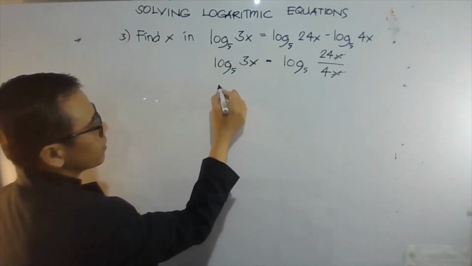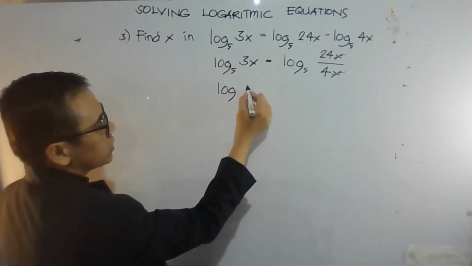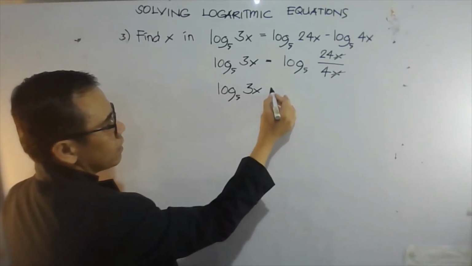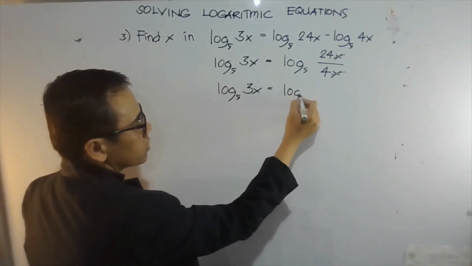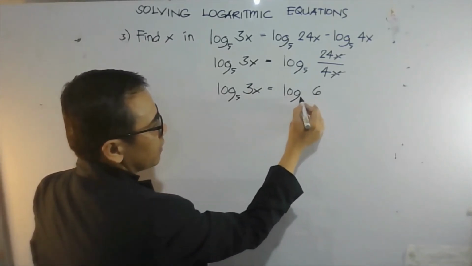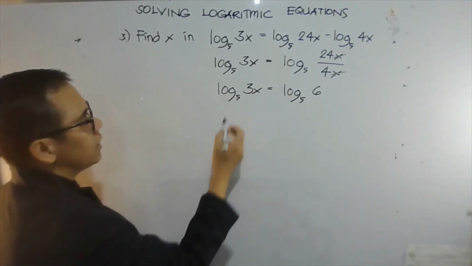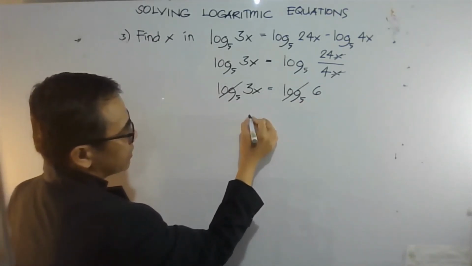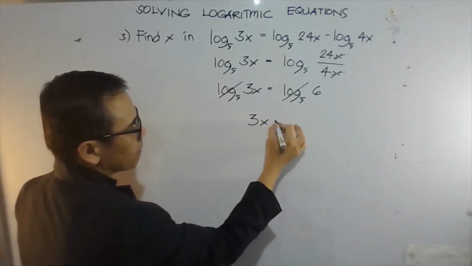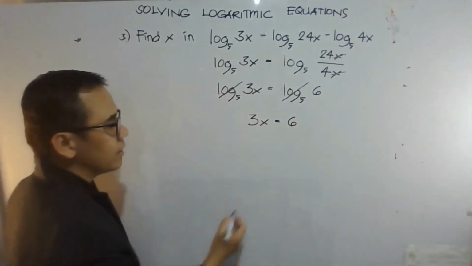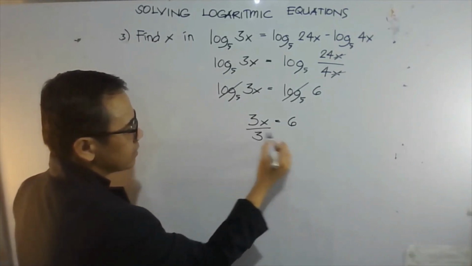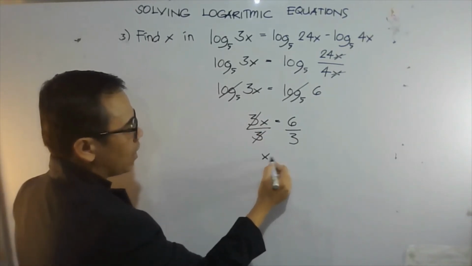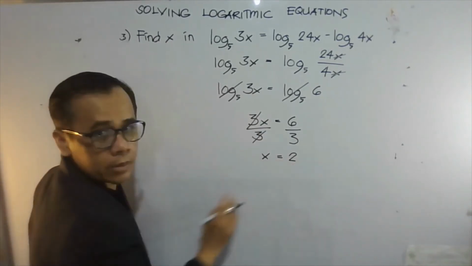So it is now log of 3x base 5 equals log of 6 base 5. Eliminating the logarithm, this is now 3x is equal to 6. Let's divide by 3 on both sides. So x now is equal to 2.